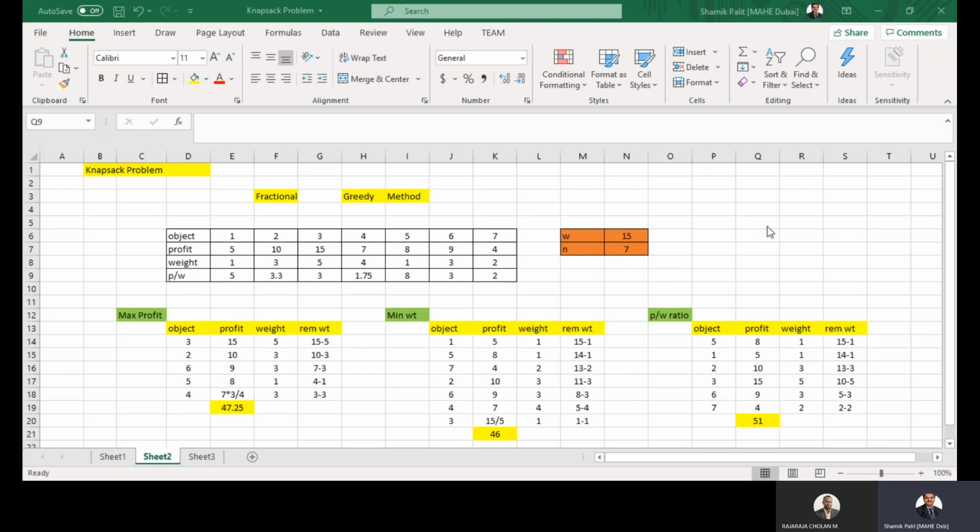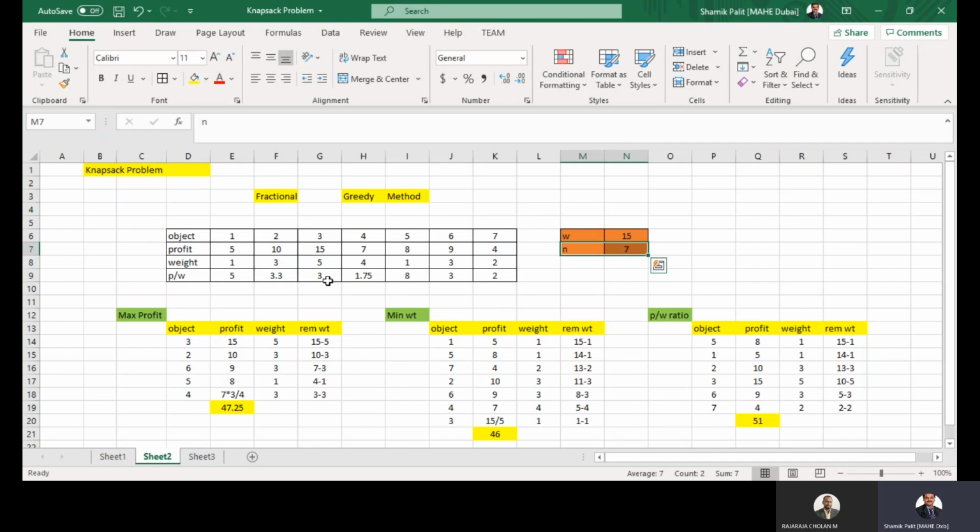Here also the problem statement remains the same: we have different objects, and we have a weight associated with every object. The condition is that the knapsack, that is the bag, has a capacity of 15 kilos, and we can accommodate a maximum of 7 objects, not more than that.